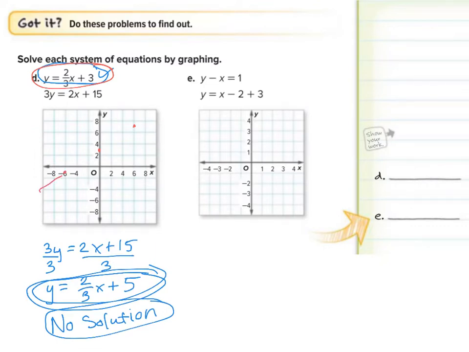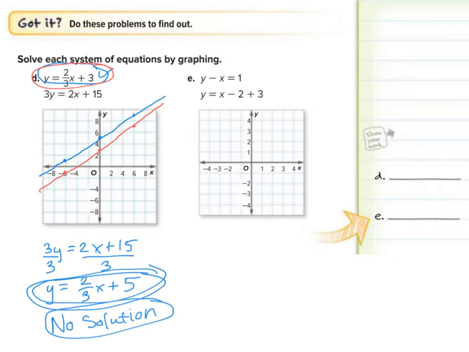Alright, so then I can make a line that's about right, and then I'm going to graph my other line in blue. My intercept is at 5, which is right here. If I go up 2 over 3, right about there, down 2 over 3, there. Okay. So the lines are parallel and they will never touch because they go on forever and they have the same slope.